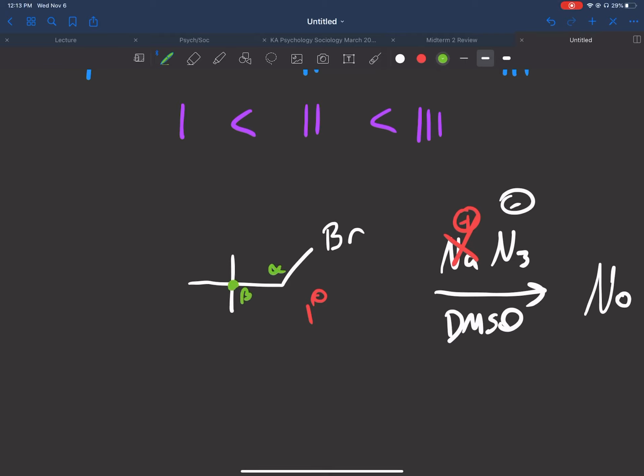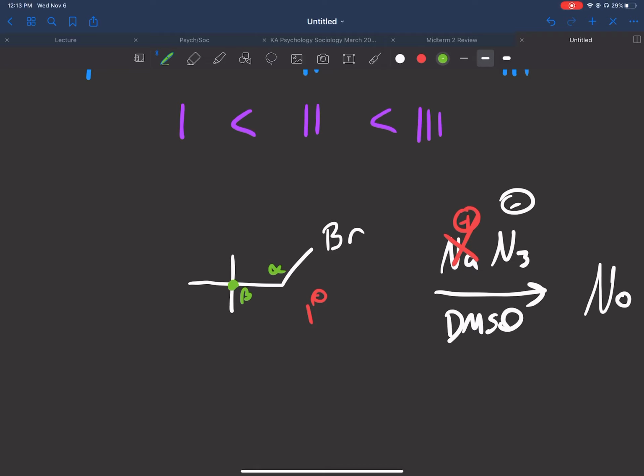When your beta carbon is fully substituted, that's game over for SN2, right? We have 3 things coming off of our beta. It does not matter that your leaving group is on a primary carbon or that it's a good leaving group, and we have a super good nucleophile that's also a bad base. Doesn't matter. If your beta branching is full, SN2 will not happen.